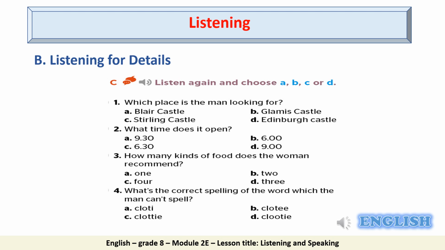Listen now. C. Listen again and choose A, B, C or D. How can I help you, sir? I'd like some information about a castle here in Scotland. Well, there are many castles. Yes, I know. I don't remember the name of the one I want to visit. It's very popular, though. Do you mean Stirling Castle, sir? Yes, that's the one. What time does it open? It opens at 9:30 every day, and in summer it closes at 6 p.m. Thank you very much.